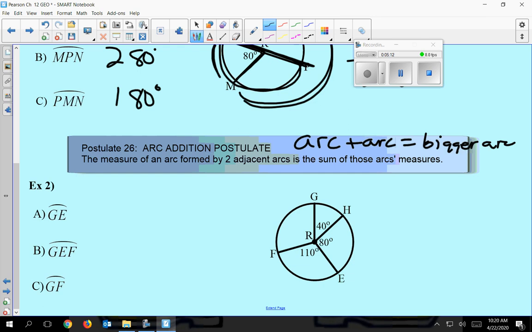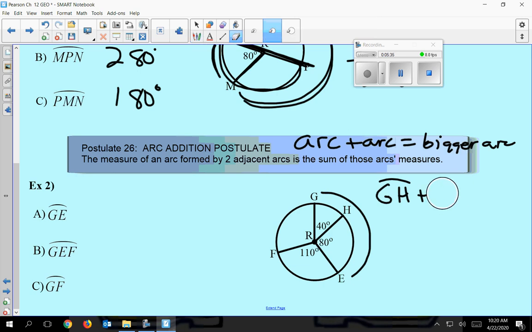So for GE, GE goes from here to here. So remember, it's only two letters, so it's telling me, hey, it's got to be less than 180. In this case, it's that. Well, GE is really arc GH plus arc HE. Sorry for my writing. I'll make this neater.